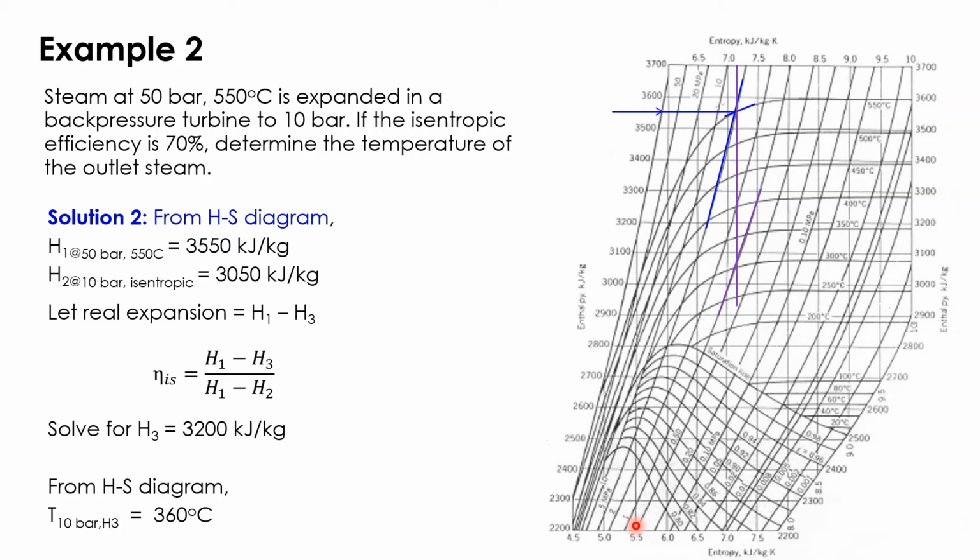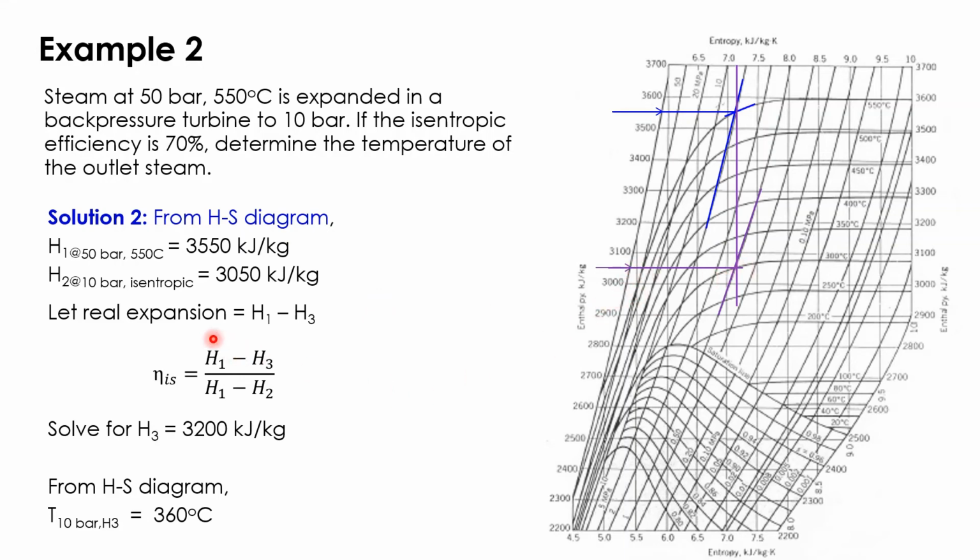From this line, we know that for 100% efficiency, the condition of the steam exiting the turbine is exactly at the point where I put my cursor here. This point corresponds to an enthalpy of 3050, somewhere in between.